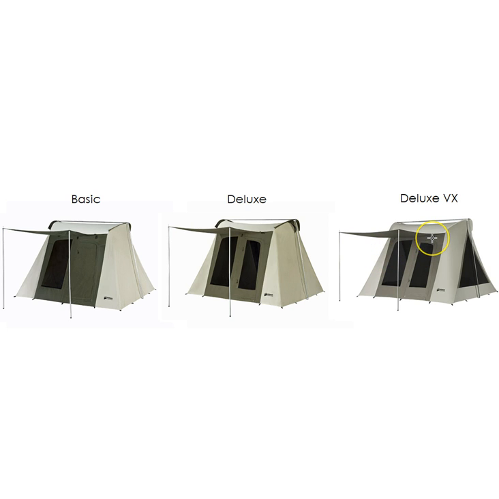The difference between the Super Deluxe VX and the Deluxe is the number of windows. Again, you can see it's got a door here on the right, a window on the left, and if you flip it around, same thing, a door on the right and a window on the left. And these doors on this tent also unzip to become windows. But you'll notice that there are these triangular windows here on the side.